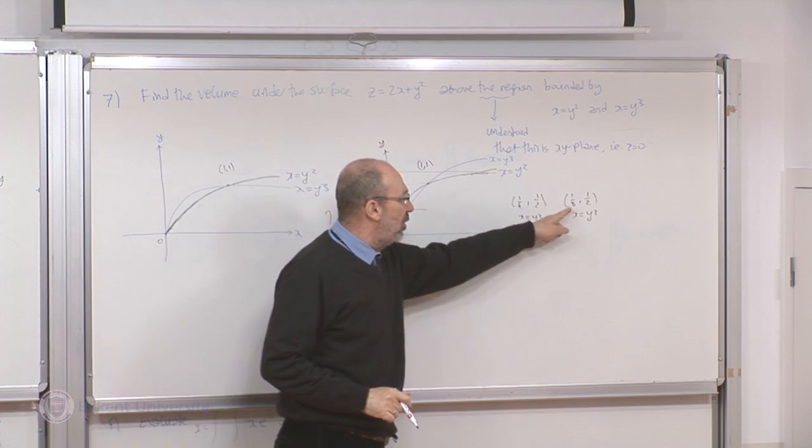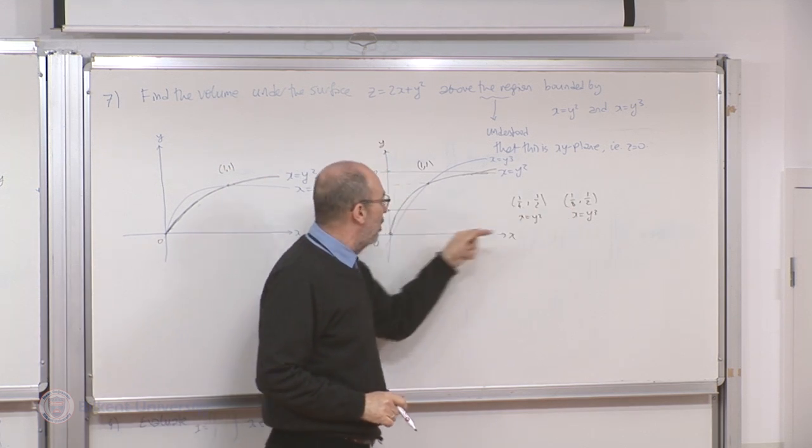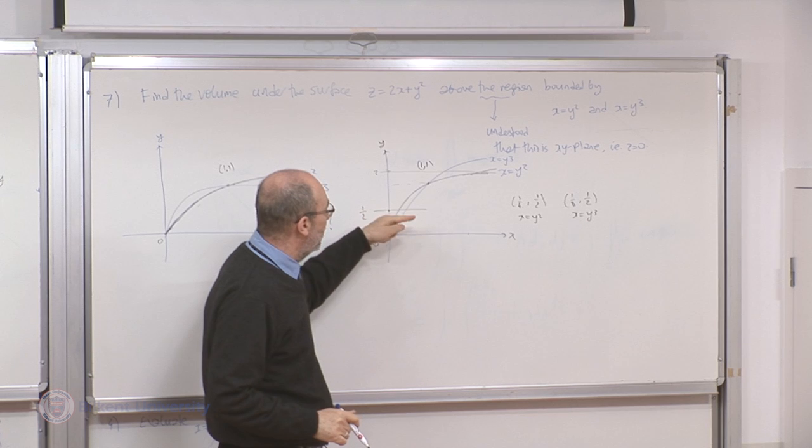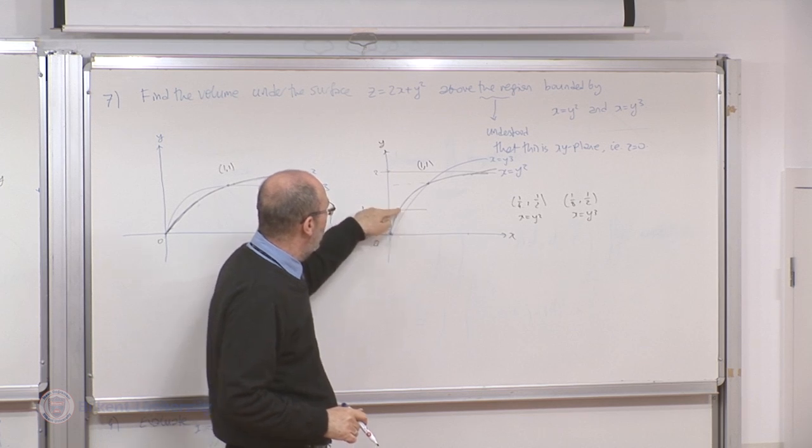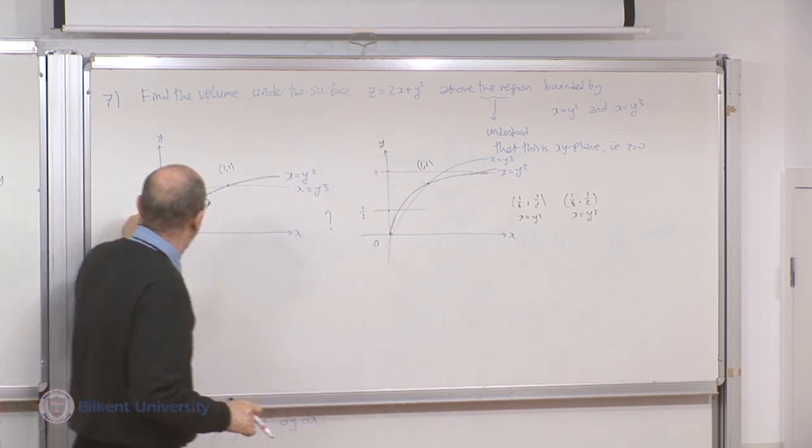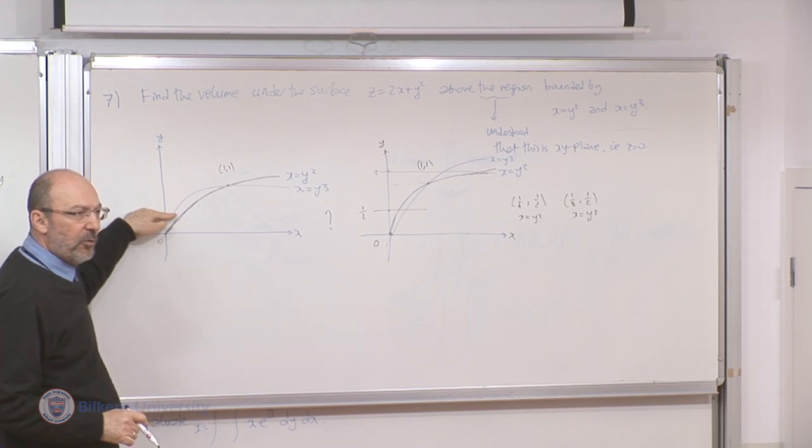This is smaller, right? So when I go, I should first intersect the y cubed one.